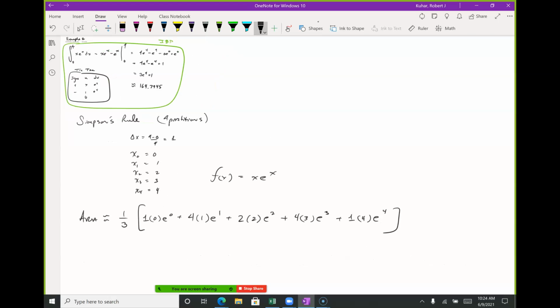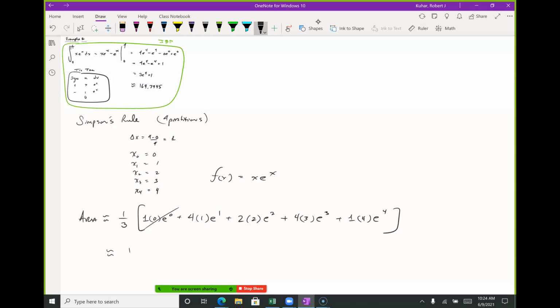Is everybody with me there? Remember, I'm plugging into x e to the x with each of my x sub i's, and then I have those coefficients of 1, 4, 2, 4, 1. How are we doing? We okay? Nice, so this one's gone.